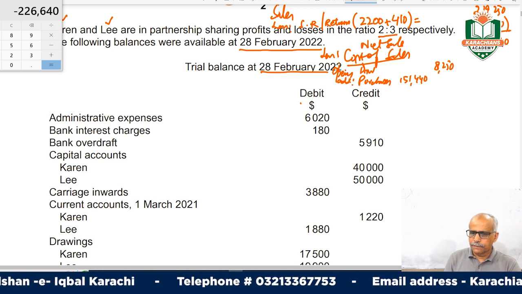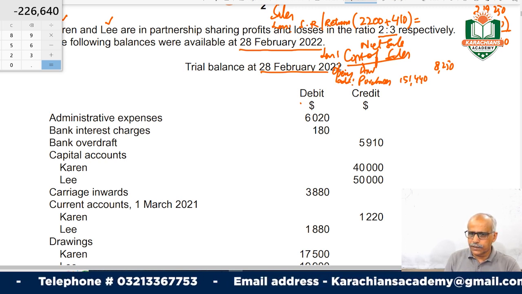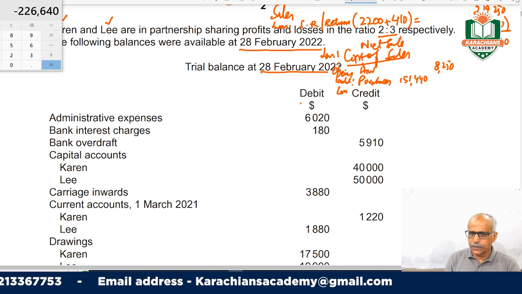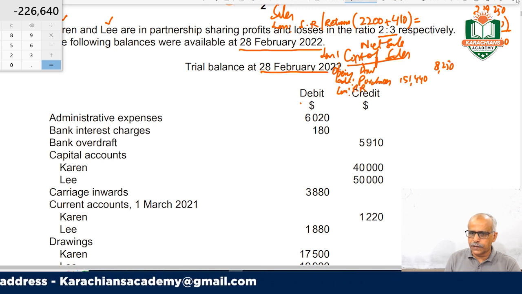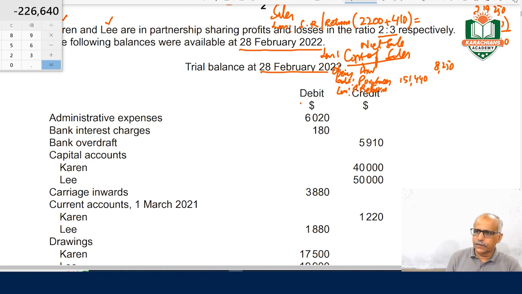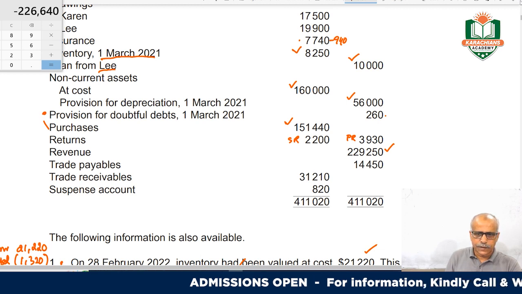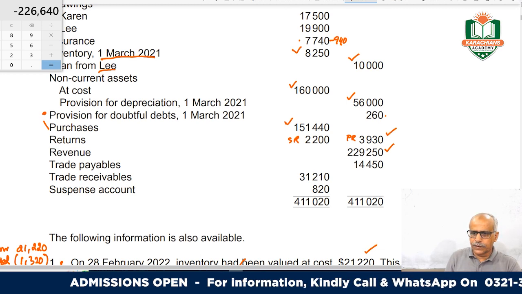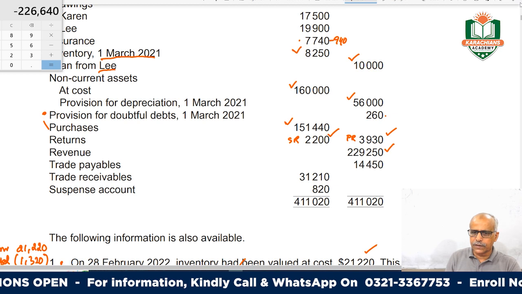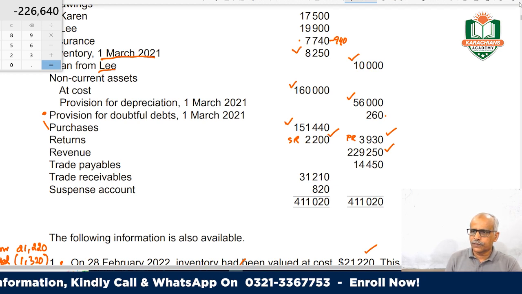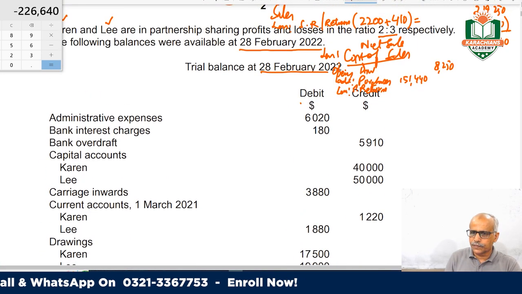And then you have to deduct purchase returns. How much are purchase returns? Purchase returns are 3,930.